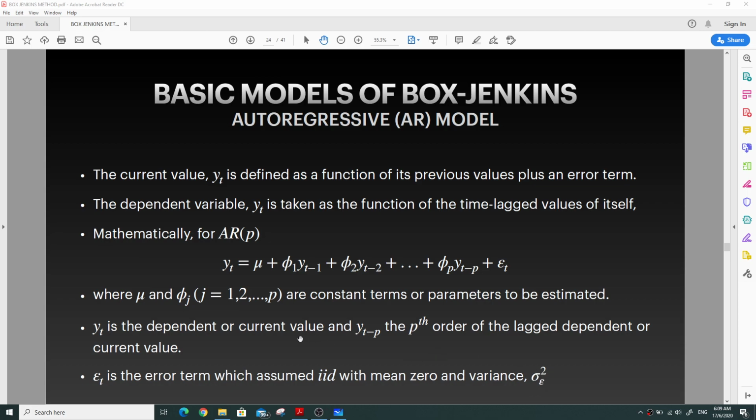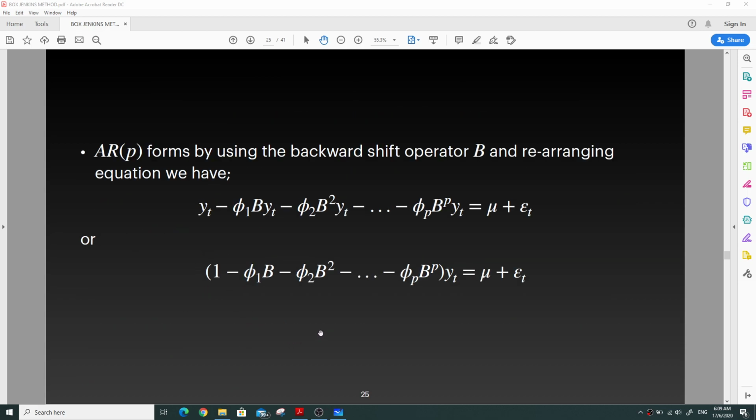So our current value becomes the dependent value. Again, we can use the backward shift operator to represent the AR model, and this is how we write the model.